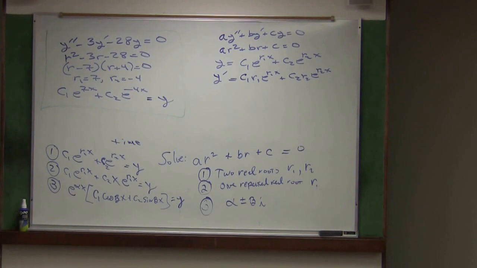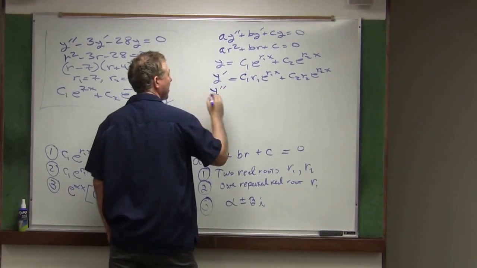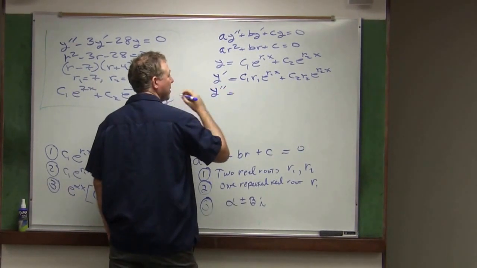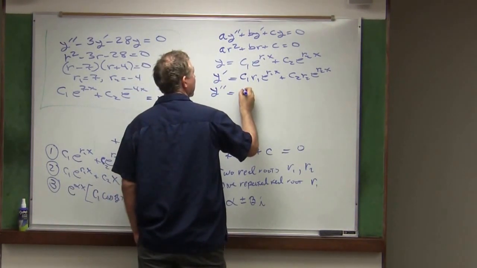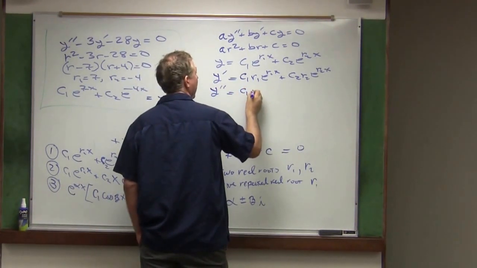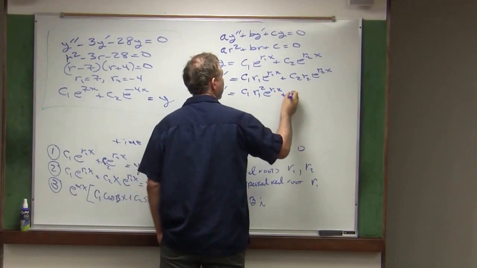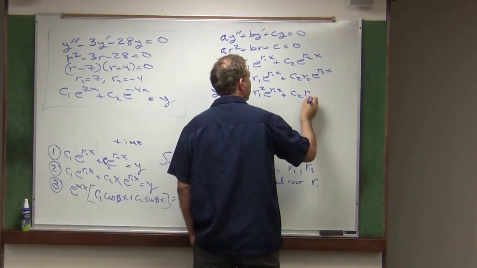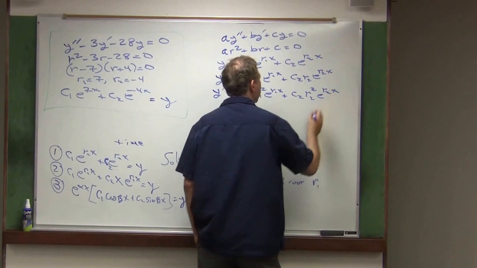And then let's take the second derivative. You do the same thing, multiply by r1 again: c1 r1 squared e to the r1 x plus c2 r2 squared e to the r2 x.